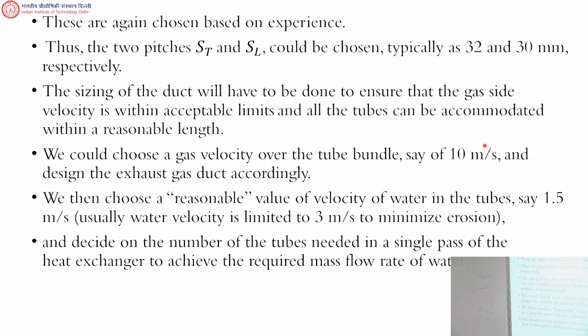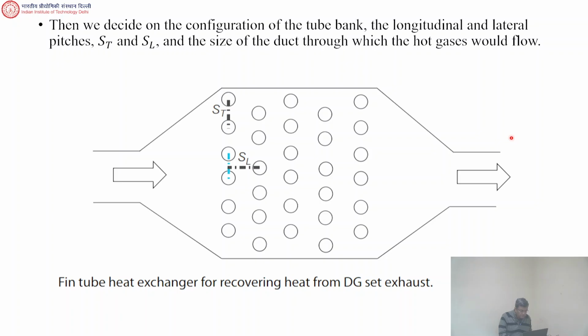Okay, and the duct dimensions have to be such that the gas side velocity is all right. By the duct dimensions we mean the transverse dimension as well as the length, the longitudinal dimension. So the dimensions have to be such that, if you're thinking about so many tubes, it should be able to accommodate all the tubes, right?